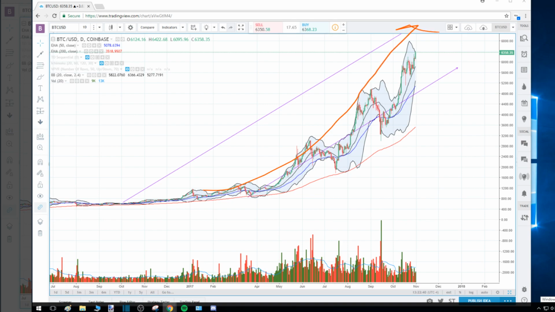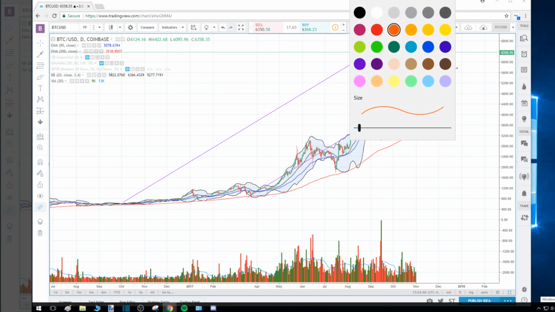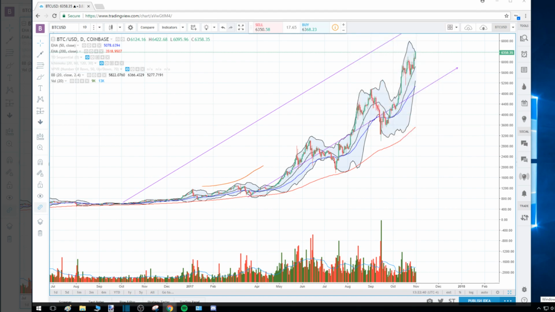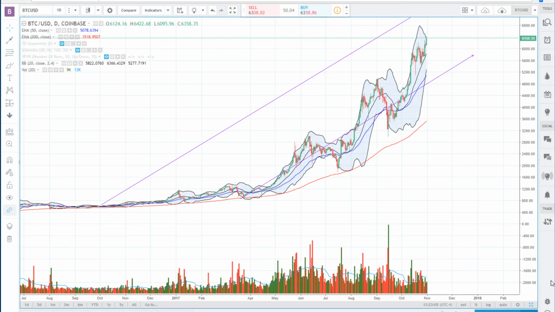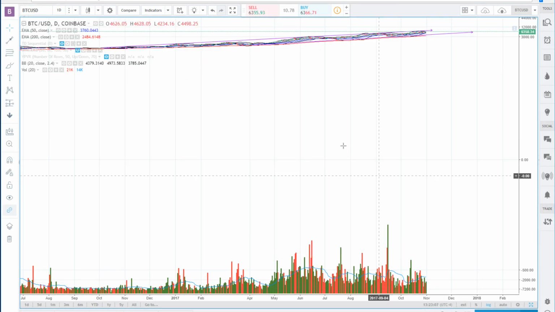It's a parabolic growth on a linear chart. Let me see if I can draw that better for you guys. On our linear scale, you see parabolic growth within this little parabolic envelope here. But if we put this on log, it just looks like straight lines, and it's cleaner.